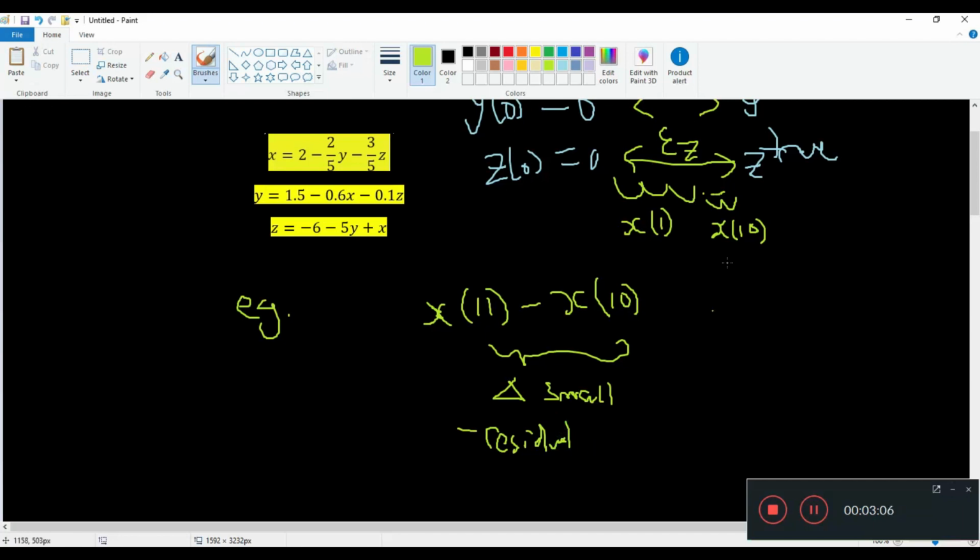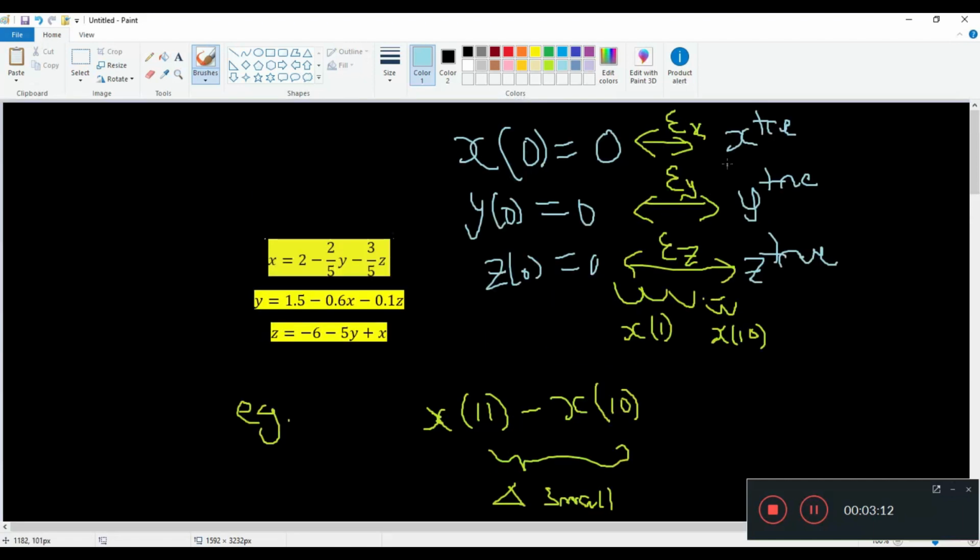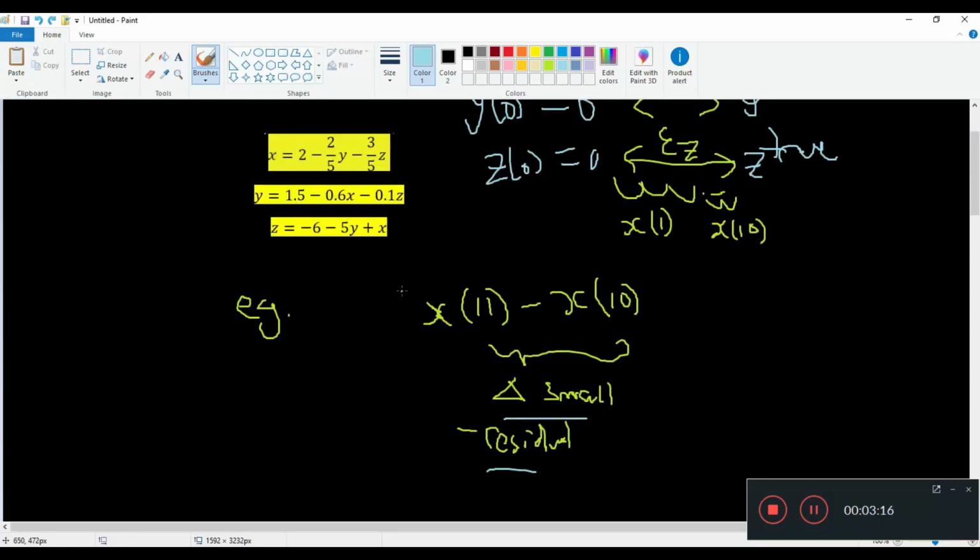We assume this residual is small, and if it's small enough, we can say that the equation has converged and you're more or less near the true value of x, y, and z, or in this case we're just looking at x, right? So this is the basic idea of Gauss-Seidel iterations.